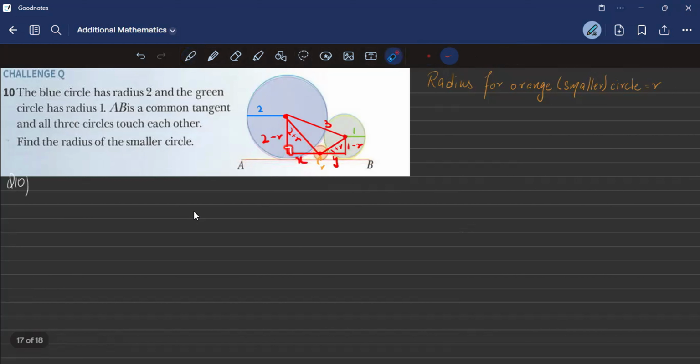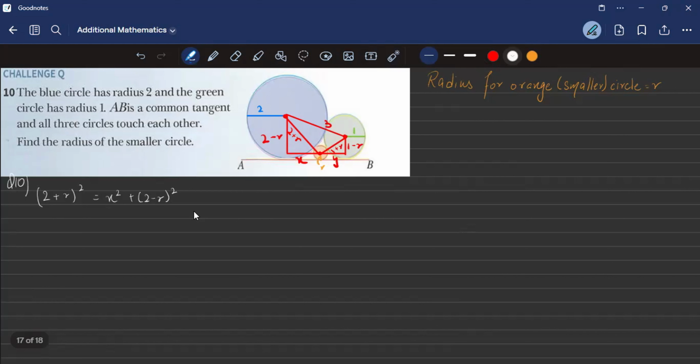So we can easily say we are going to apply the hypotenuse rule in here. So how do we find the hypotenuse? 2 plus r whole squared is equal to x squared plus 2 minus r whole squared. Okay, because this is the hypotenuse.